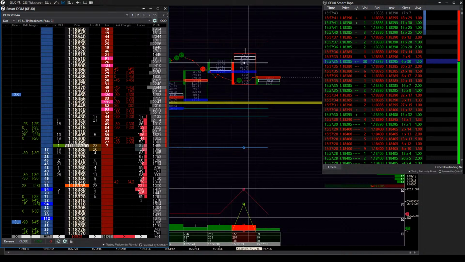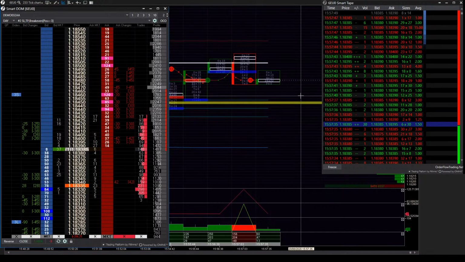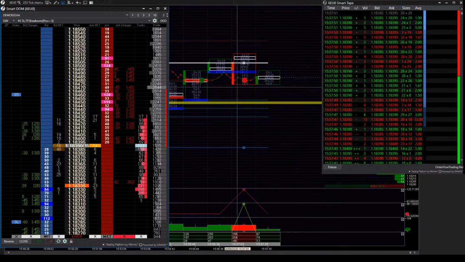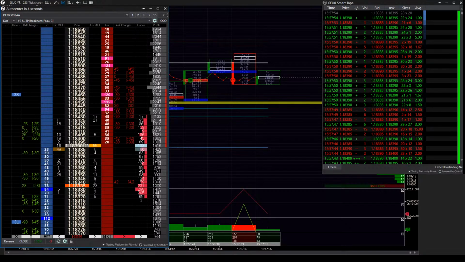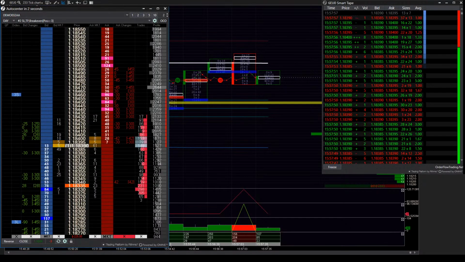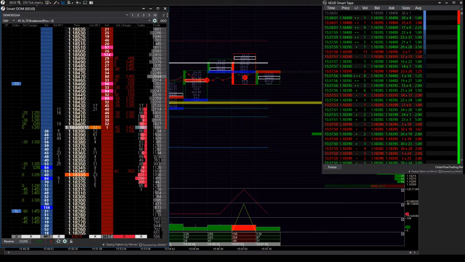That you can see here. Let's see what's going on, what's happening. Let's see if this area of volume, because it just touches the VWAP, can start moving down.